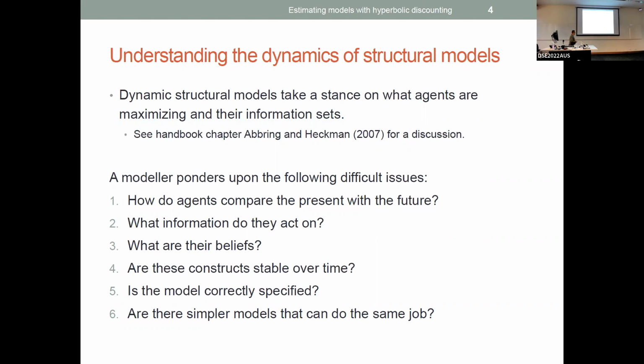I'm often terrified by mystification of models, so there will be some slides saying that the model might be too tightly specified in relation to the data. And are there simpler models that can do the same job? So this is very, very vague. So the job can be described in relation to the sort of counterfactual policy experiments that you'd like to explore.